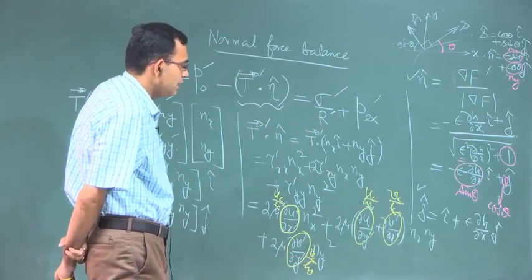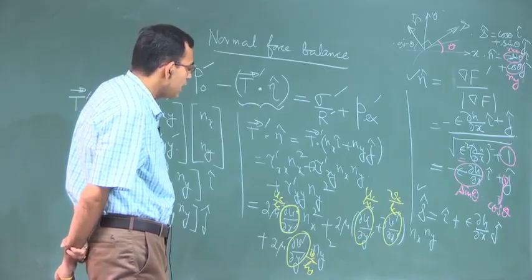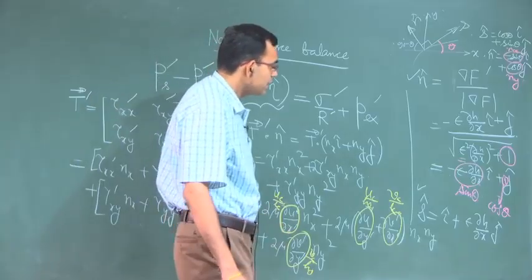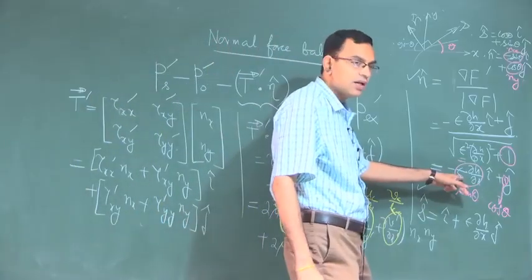Look into the nx square, nx square is of the order of epsilon square.